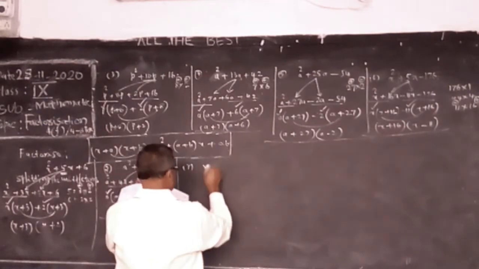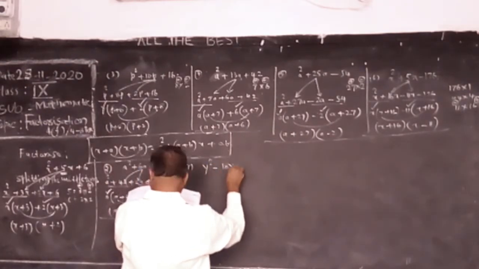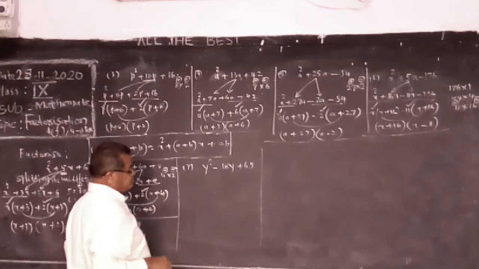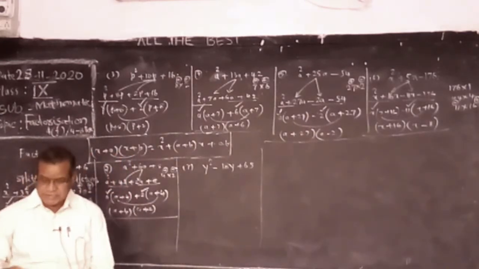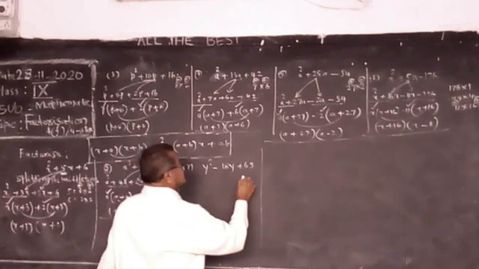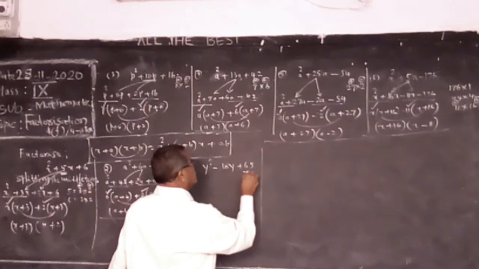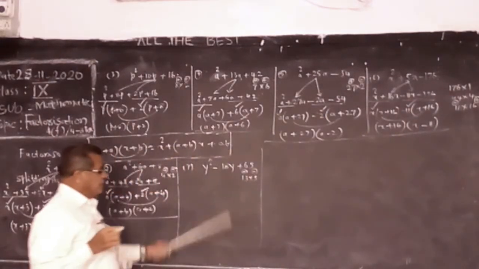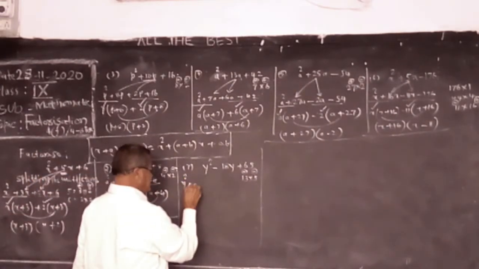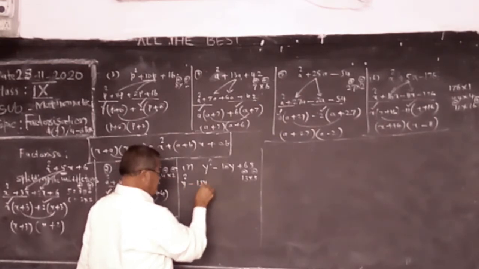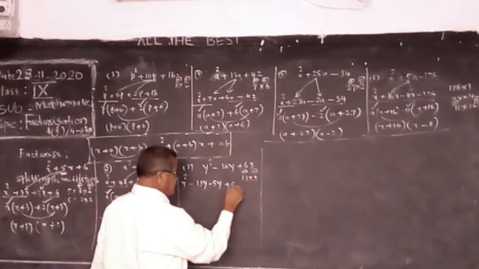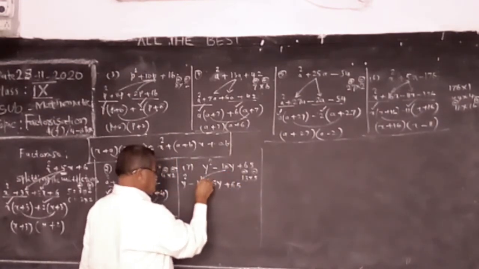Seventh, y squared minus 18y plus 65. Split the middle term; the product is plus 65 and minus in the middle. So we can easily say 13 fives are 65 and both are minus: minus 13 minus 5 is minus 18. So immediately you write y squared minus 13y minus 5y plus 65.